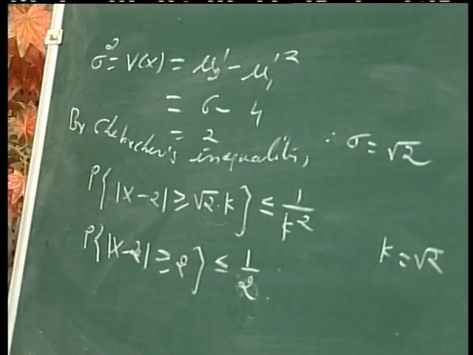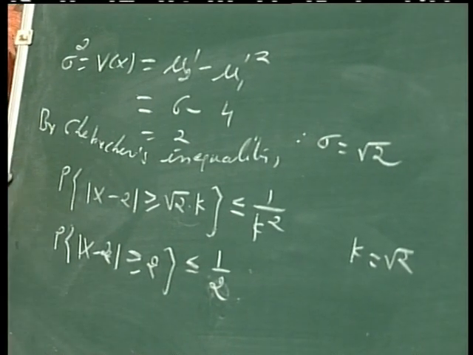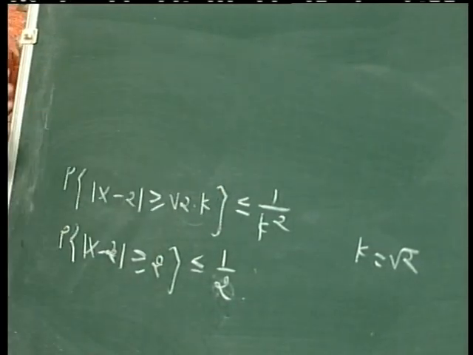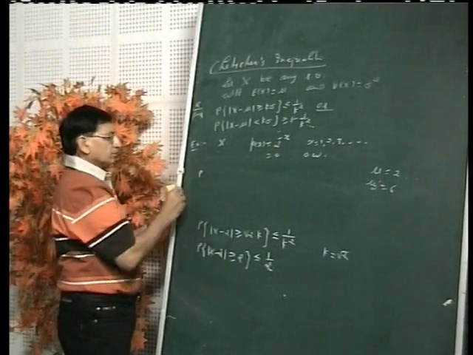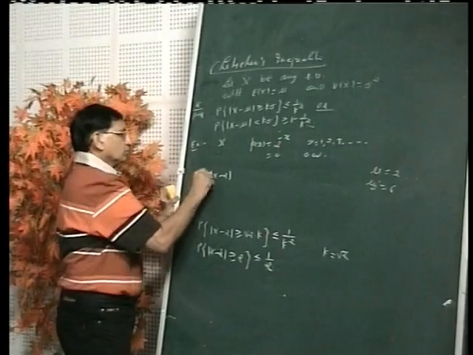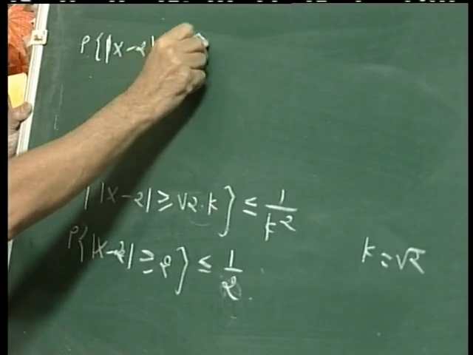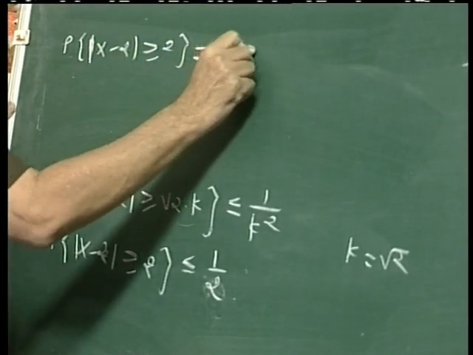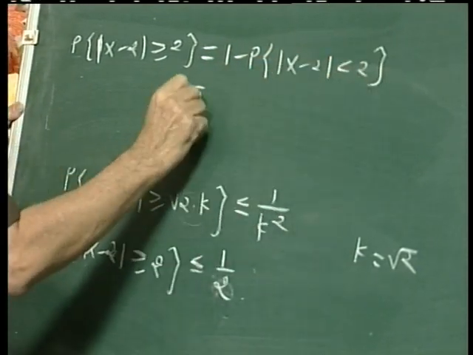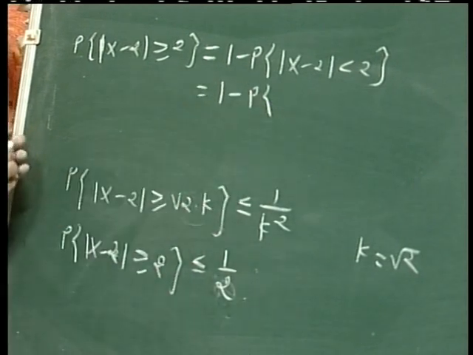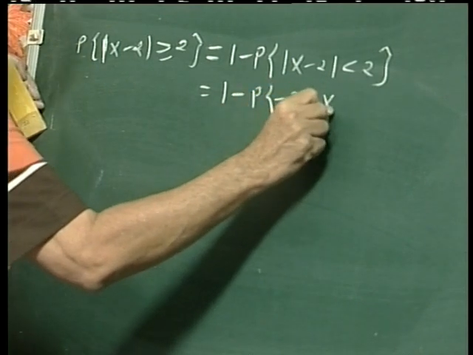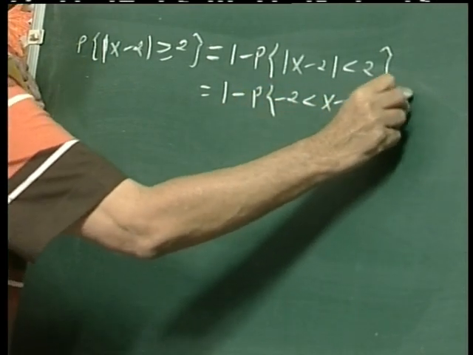Now if we want to find the exact value of this probability, then probability that mod x minus 2 is greater than or equal to 2 means 1 minus probability that mod x minus 2 is less than 2. So this is 1 minus probability that minus 2 less than x minus 2 is less than 2.